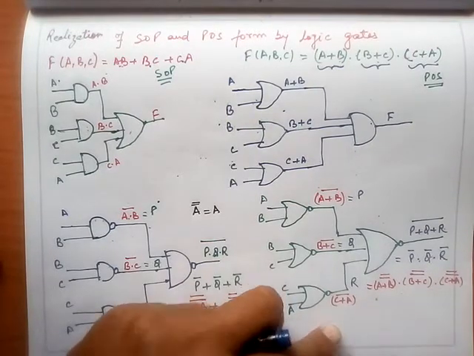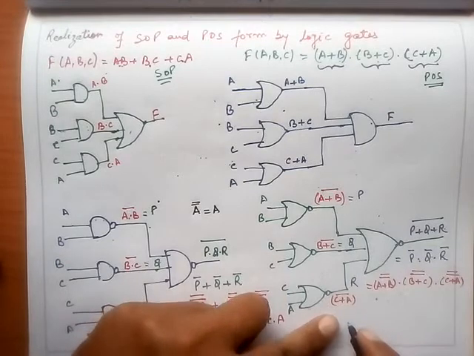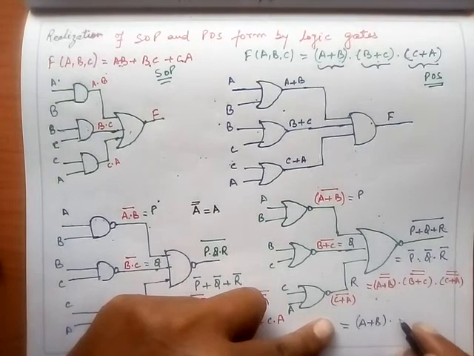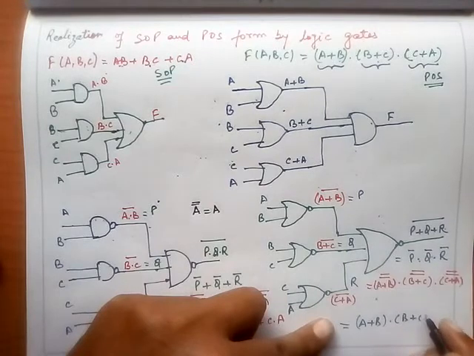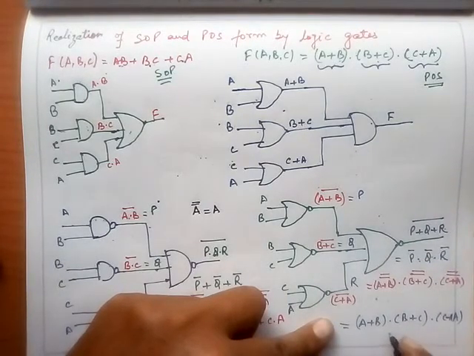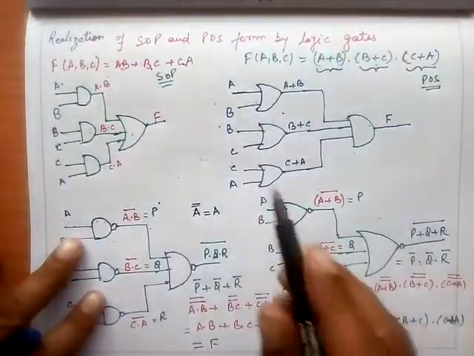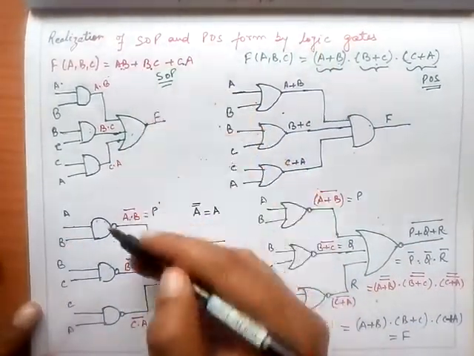So it will be A plus B dot B plus C dot C plus A, which is the same function F.